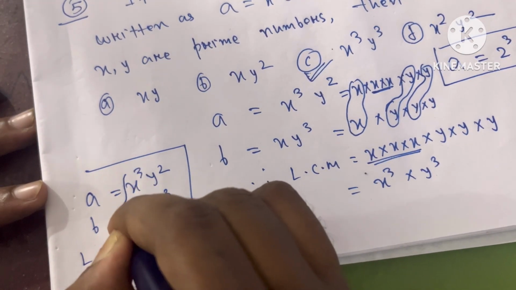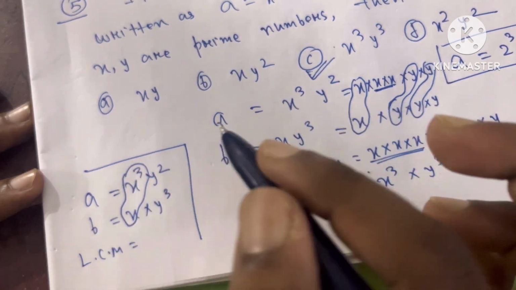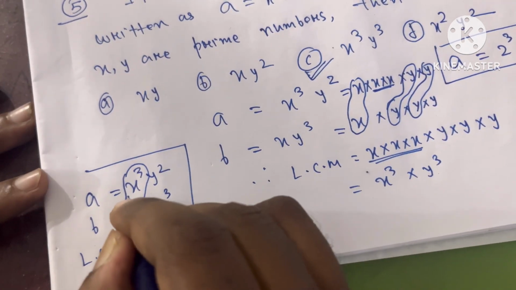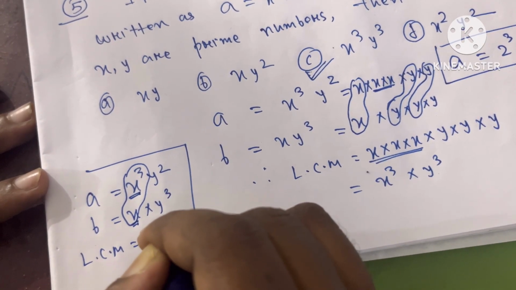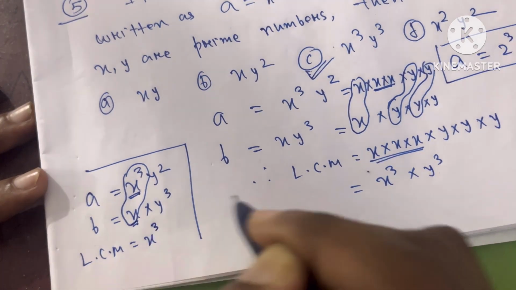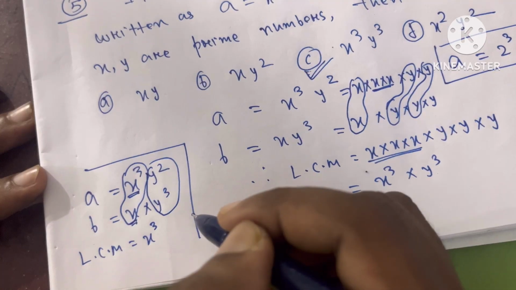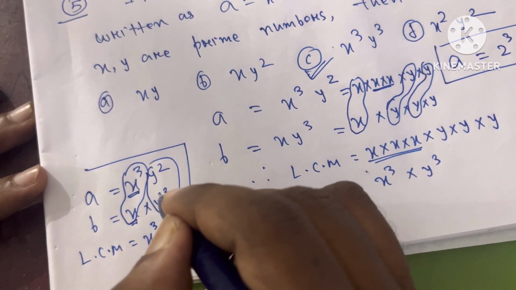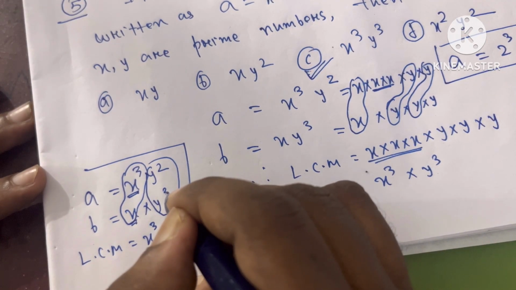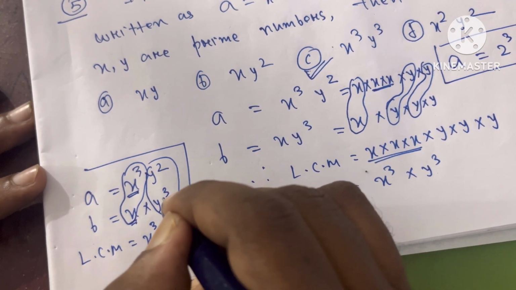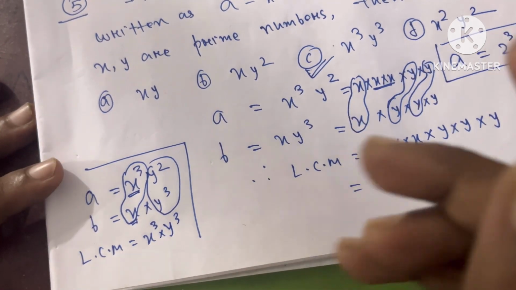From this pair, x power 3 and x power 1, the greatest exponent is x power 3. For y, here the exponent is 2 and here the exponent is 3, so y power 3 has the greatest exponent. If you multiply these two, you get x power 3 into y power 3.